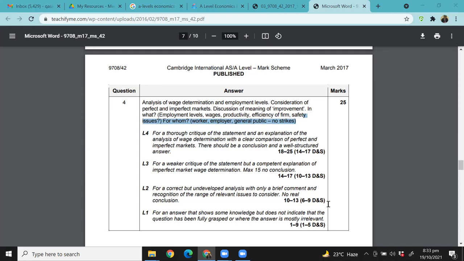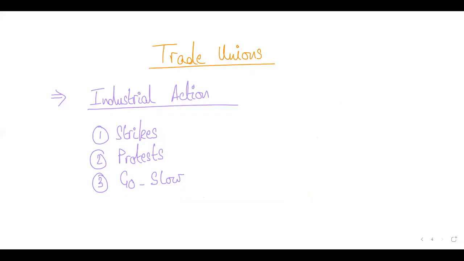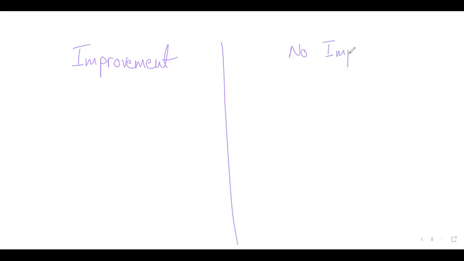Now let's talk about some pros and cons of labor unions, right? So think about this. After you've explained all the process, then you can say whether there will be improvement in the labor market due to removal of trade unions, or whether there would not be improvement. That is basically the main argument that the question wants you to make.